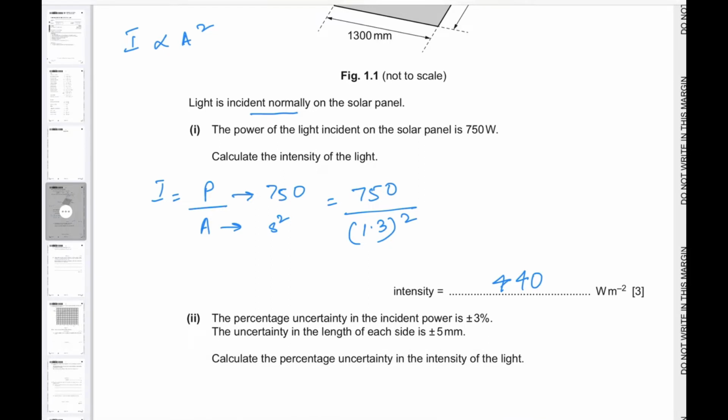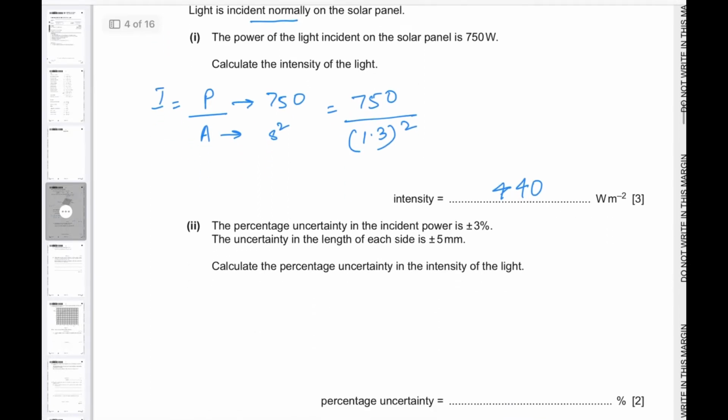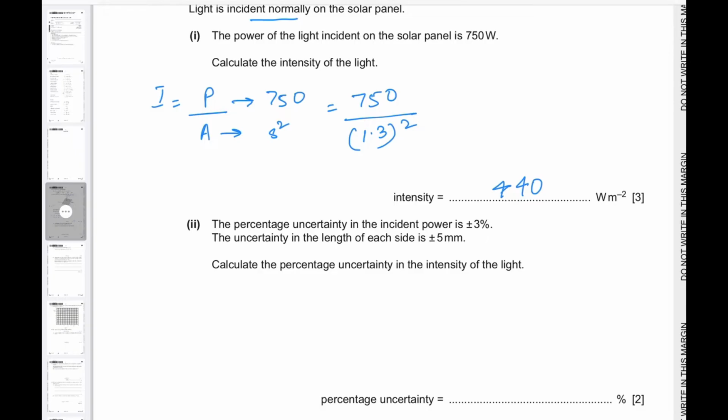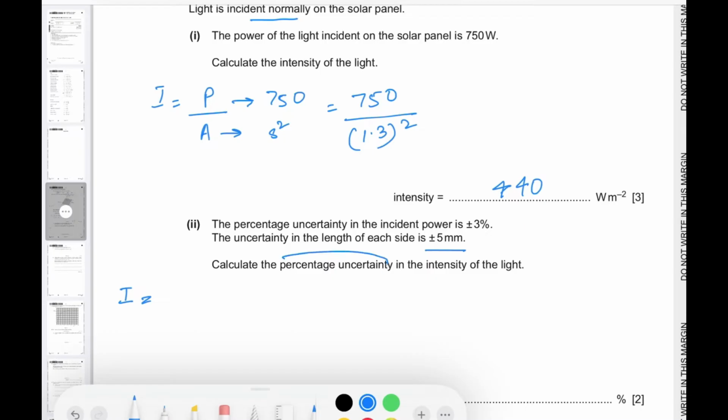2. The percentage uncertainty in the incident power is 3%, and the uncertainty in the length of each side is plus or minus 5 millimeter. Calculate the percentage uncertainty in the intensity of light. To find the percentage uncertainty of intensity, you would add up the percentage uncertainty of power to the percentage uncertainty of area. We are already given the percentage uncertainty of power, which is 3.